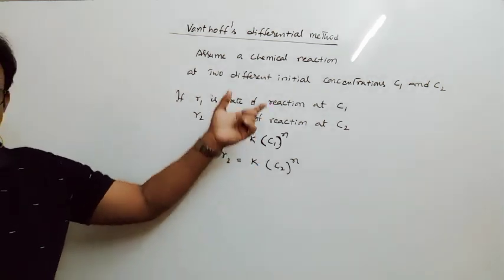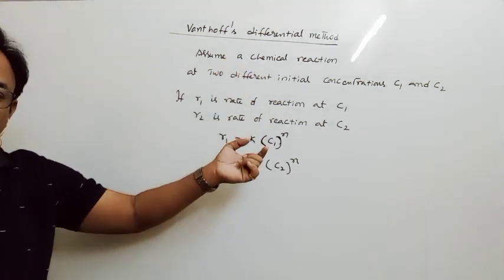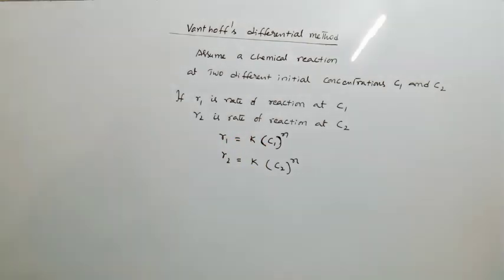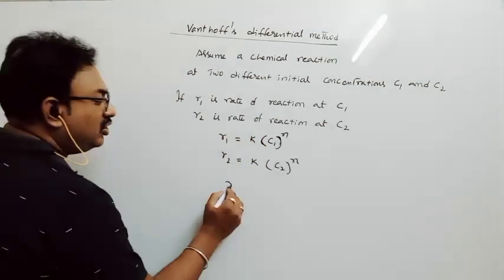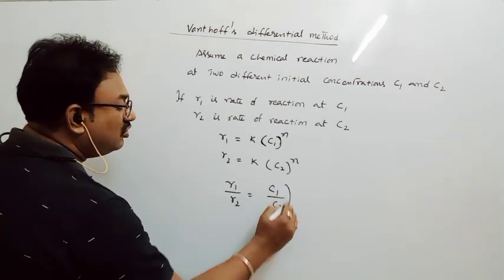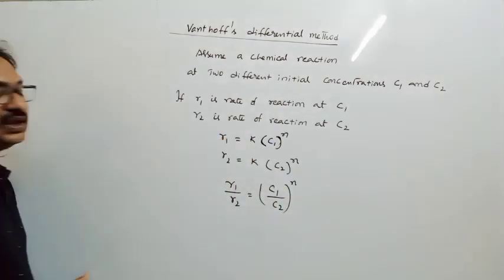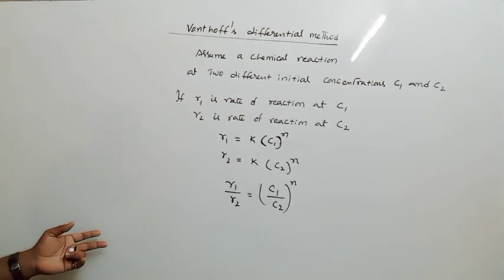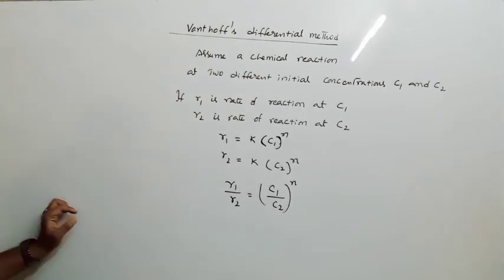K is the same, since we take the same reaction, so K remains constant. Now take the ratio: R1 by R2 is equal to C1 by C2 whole power n.